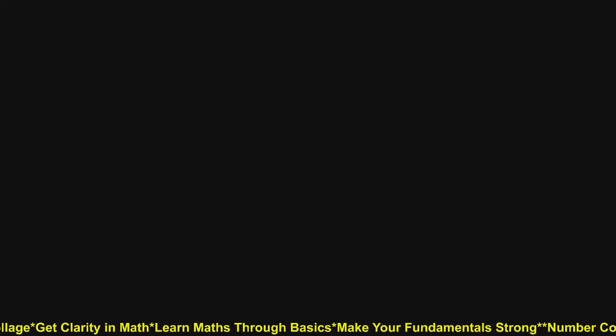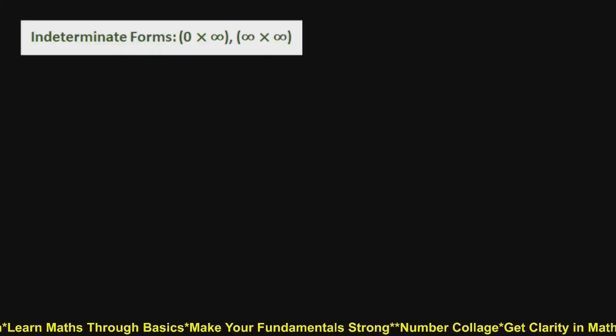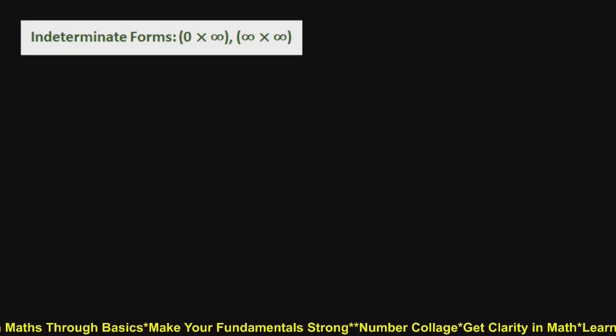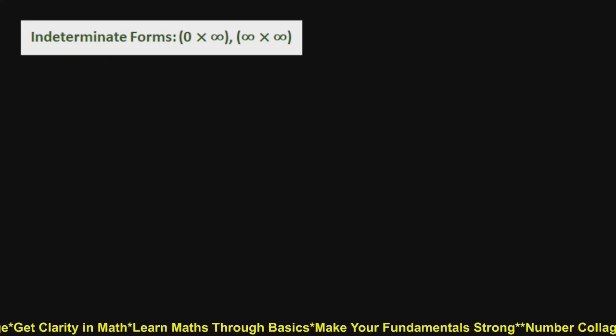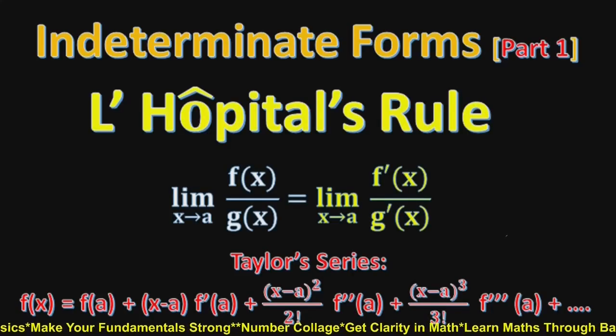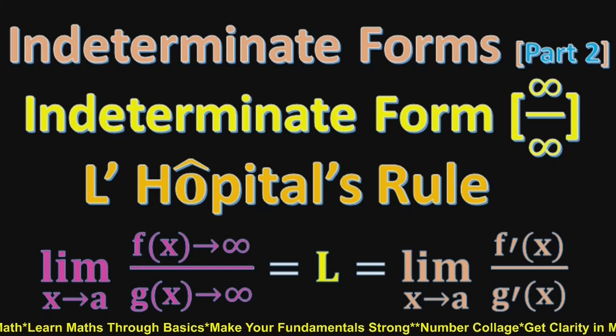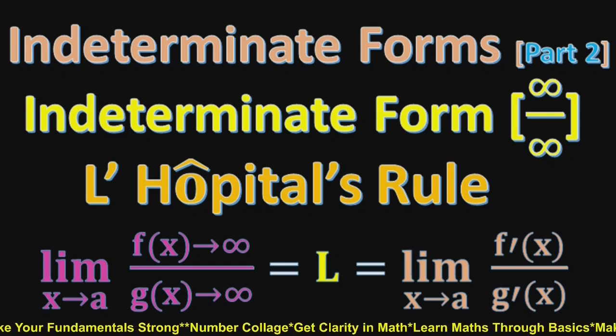In this third part of indeterminate forms, we are going to see indeterminate forms of the type 0 multiplied by infinity and infinity multiplied by infinity. In my earlier videos on indeterminate forms part 1 and part 2, we have seen we can use L'Hopital's rule directly.